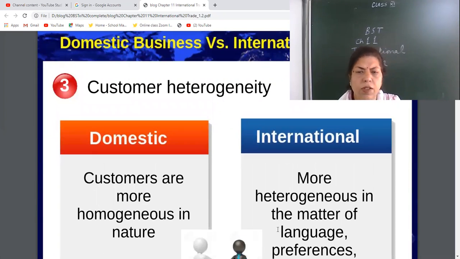Now, customers, heterogeneity. In domestic business, customers are more homogeneous in nature.